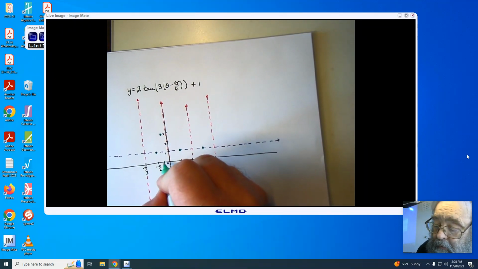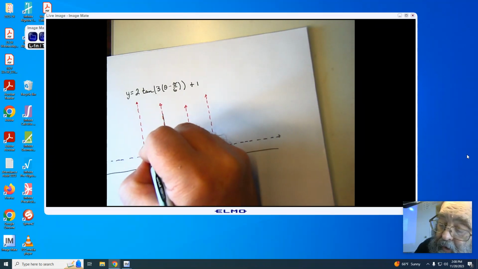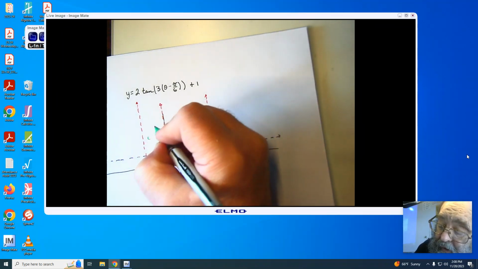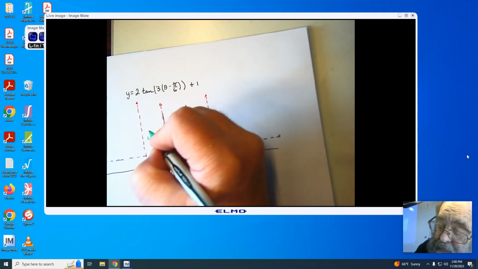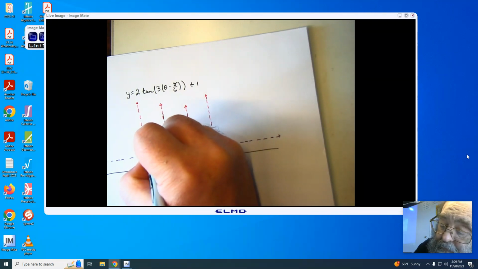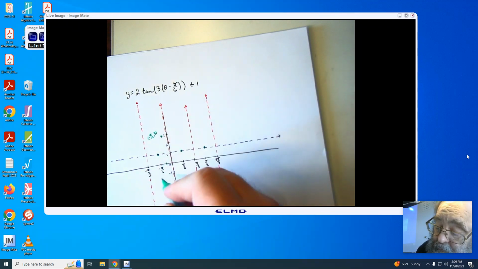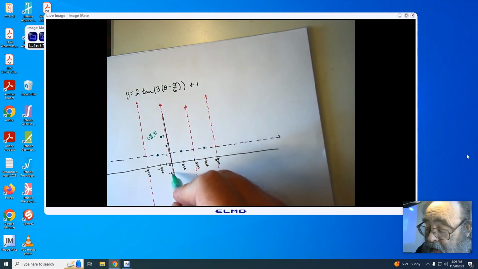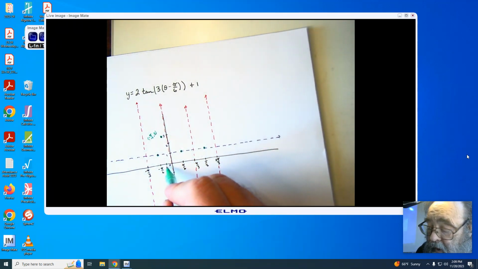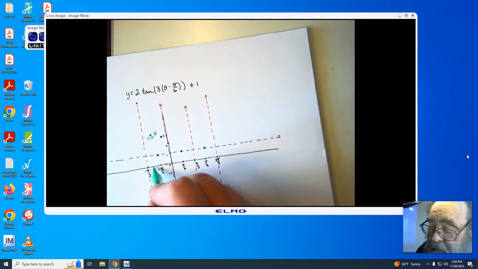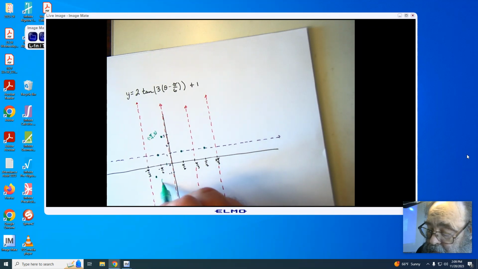Working backward, let's just make sure I plot that point. We have negative pi over 12, comma 3. And we know that we'll have pi over 12, 2 pi over 12, 3 pi over 12 is pi over 4. And that is 2 down. Therefore, negative 1.